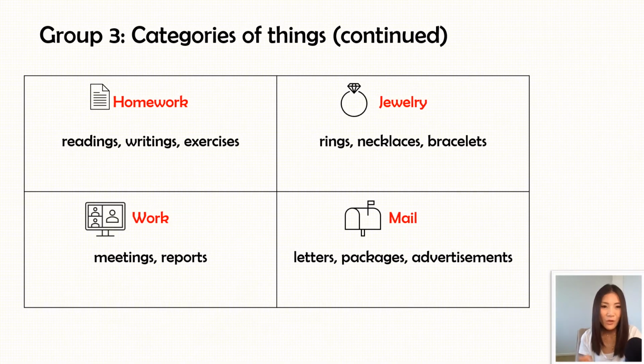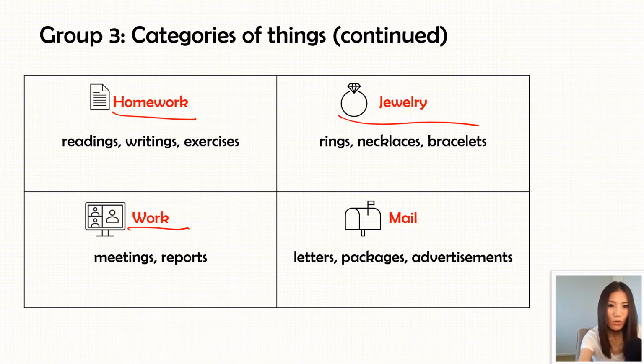Here are a few more examples of categories. Under homework, we have readings, writings, exercises. Under work, we have meetings, reports. If you can think of any word that ends with work, like housework, they're all also going to be non-count.